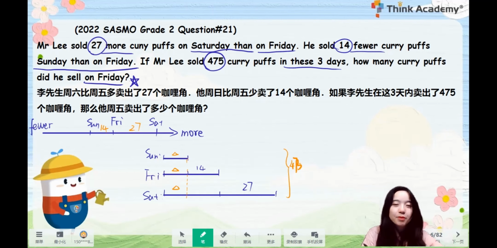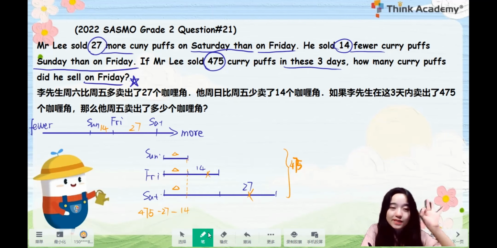As you can see, we need to take away some extra parts from the Friday and Saturday lines. For the Saturday line, first we need to take away the 27. It will be 475 minus 27. Then we need to take away the extra part on Friday.